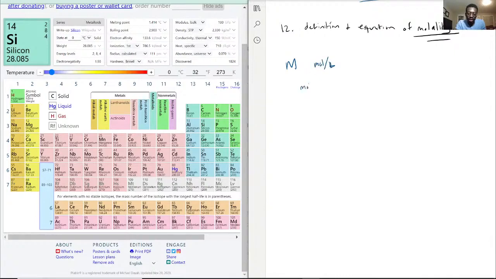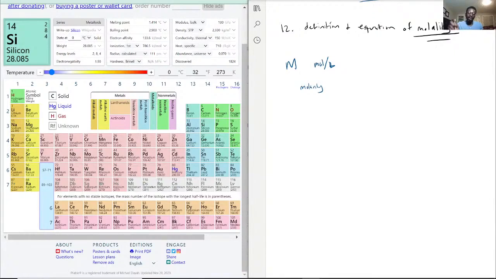What is the definition exactly? It's how many moles of a certain compound or element are in 1 liter of typically water. That is the molarity.